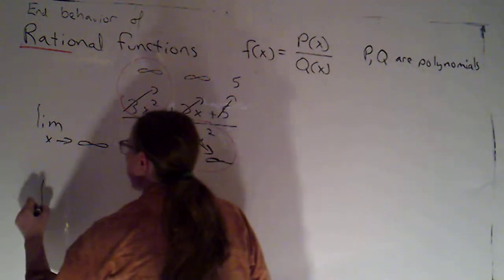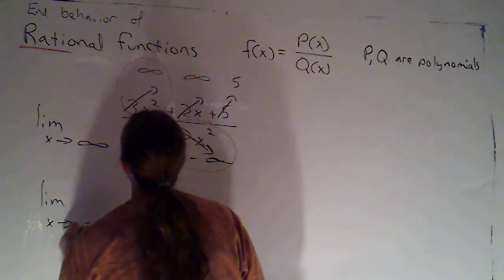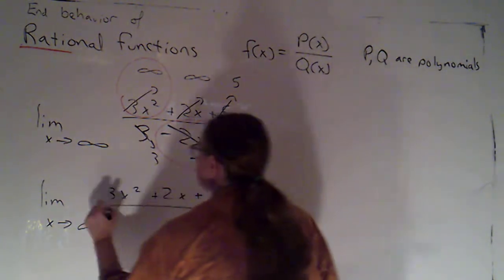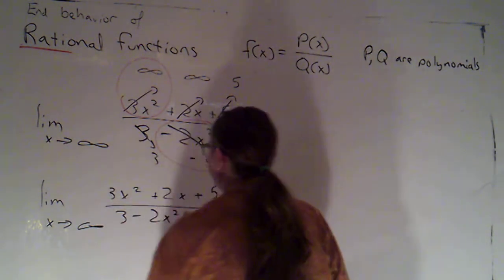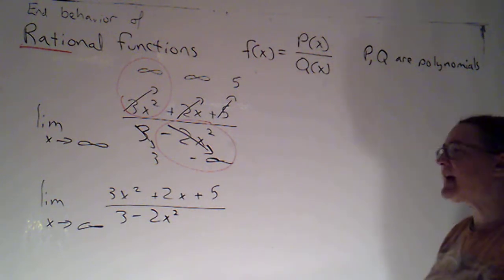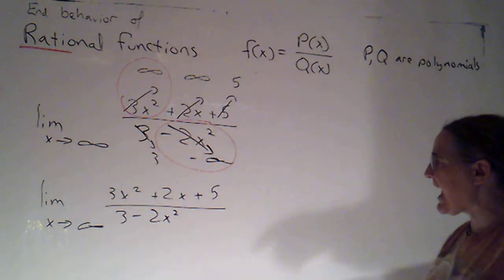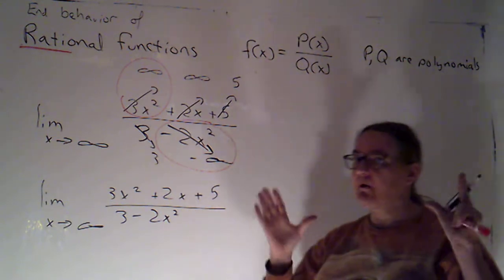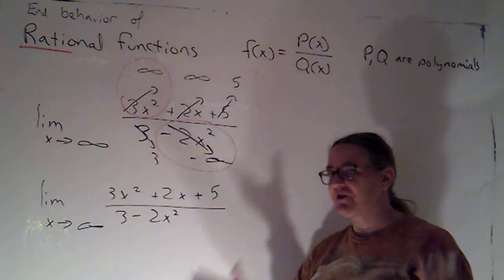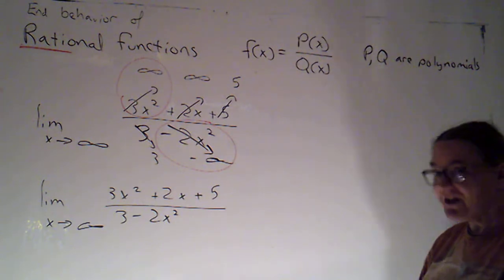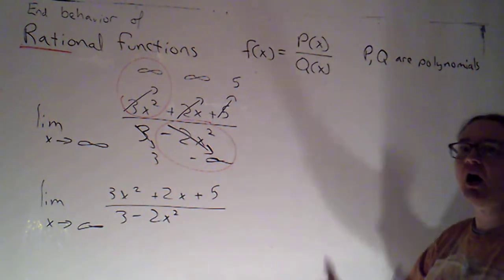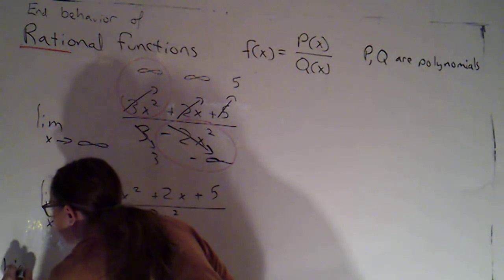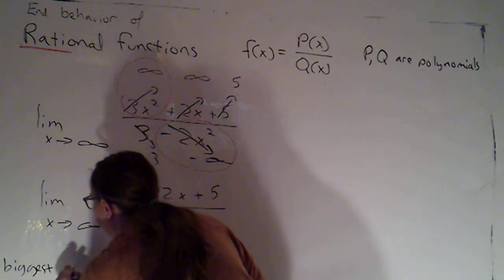And here's the strategy. Let me just rewrite this problem here. I'm going to take a look at the biggest power of x that's on the bottom, which is 2. Now, I will eventually explain why I'm concerned about the biggest power on bottom rather than just the biggest power overall or the biggest power on top. Let's make a note. 2 is the biggest power on bottom.